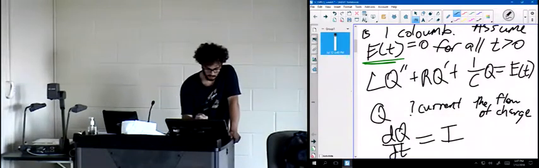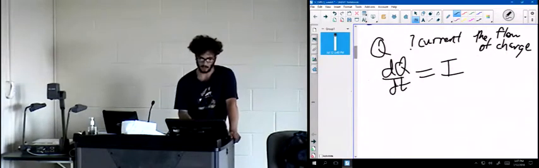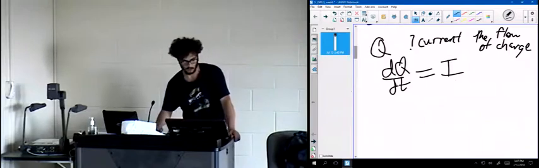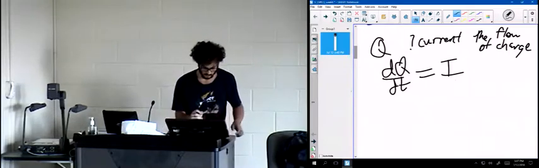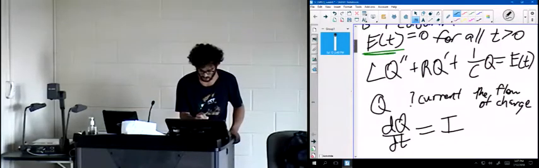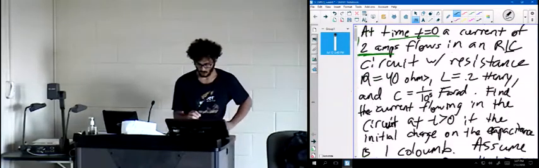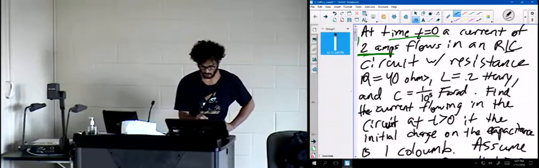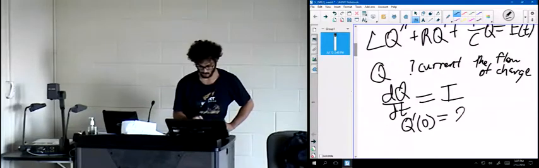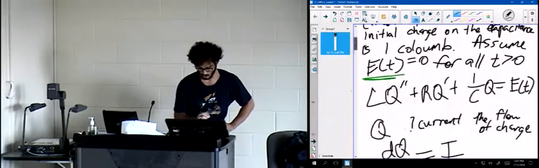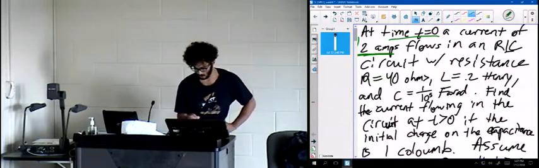Or most of the time denoted as I for current. Okay? So, what I was going to say is a current of 2 amps. So, another way we could write that is Q prime of 0 is 2. Okay? And then let's keep reading.